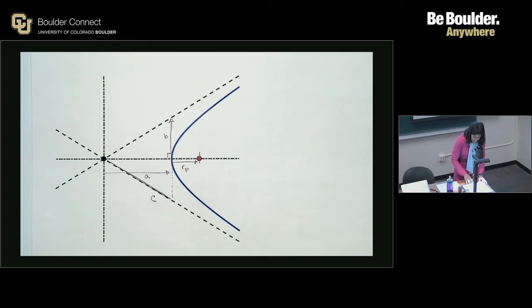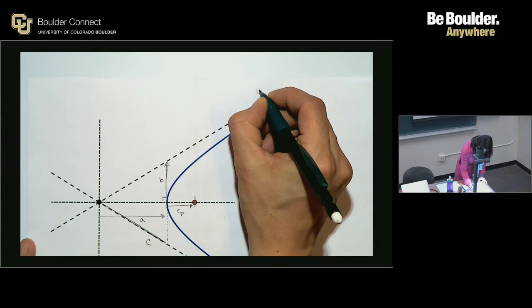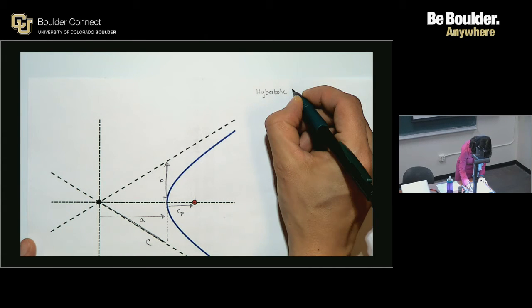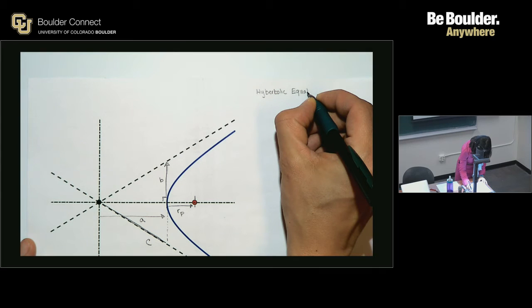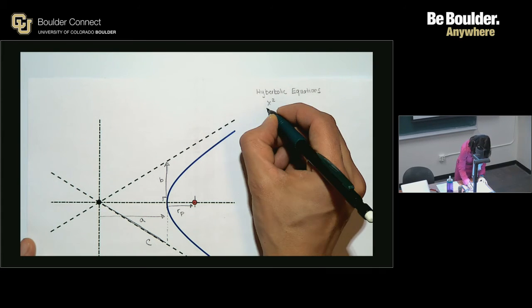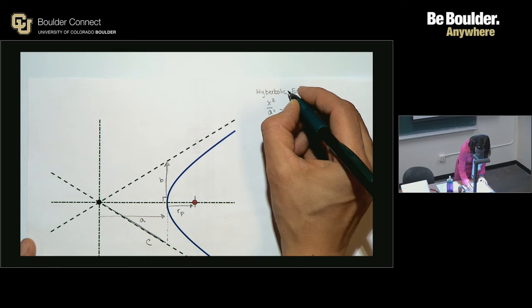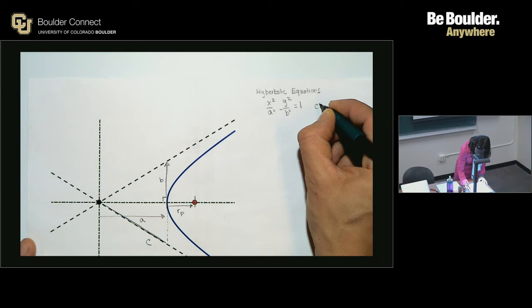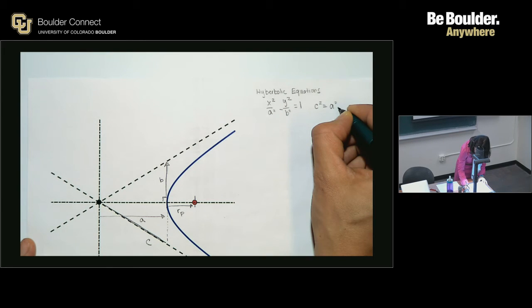So for the hyperbolic equations, the general equation for a hyperbola is x squared over a squared minus y squared over b squared equals 1, where c squared is a squared plus b squared.